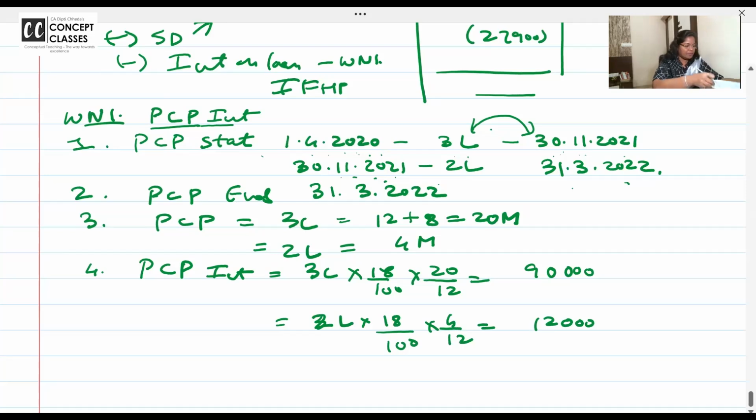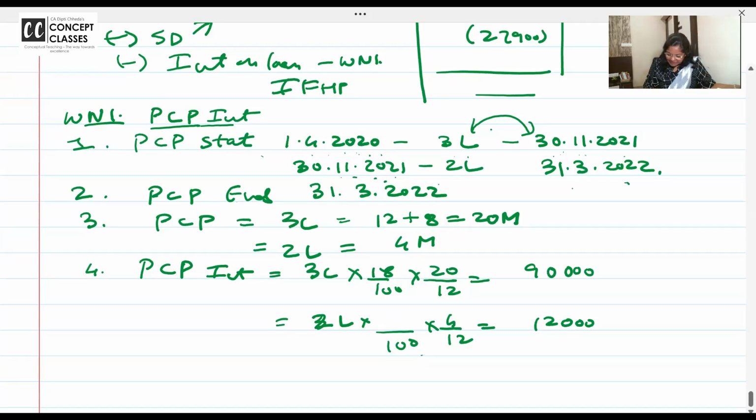How did I get 12,000, ma'am? Tell me, how is this 12,000 interest on the 2 lakh one? It should be 10,000 now. Ma'am, the second loan is taken at 15%.